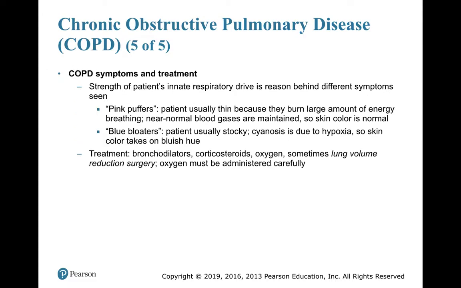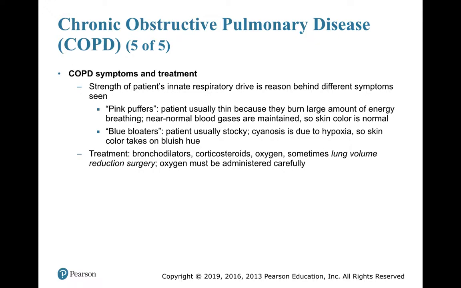COPD symptoms and treatments. The strength of the patient's innate respiratory drive is a reason behind the different symptoms that are seen. Some patients are referred to as pink puffers because they're usually thin, burn large amounts of energy breathing, and have near normal blood gases, so skin color is normal.